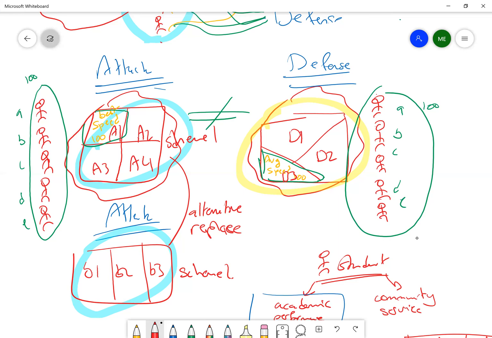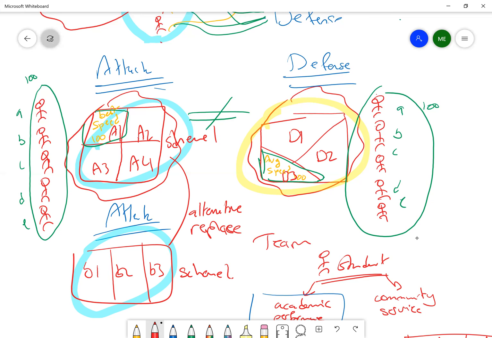So if this is the way I decided to partition my defense characteristic and the attack characteristic, my tests would be to choose a team that is obviously going to be evaluated as one certain level of defense and one certain level of attack.